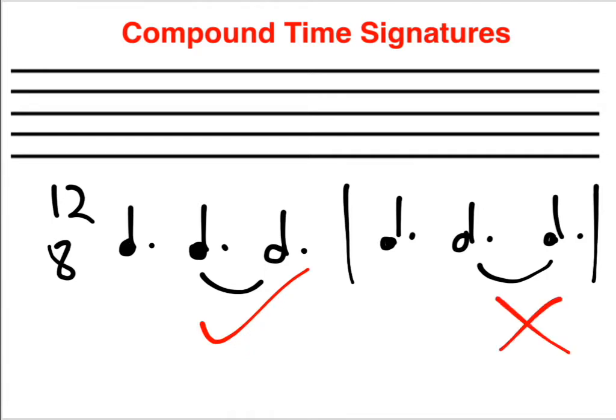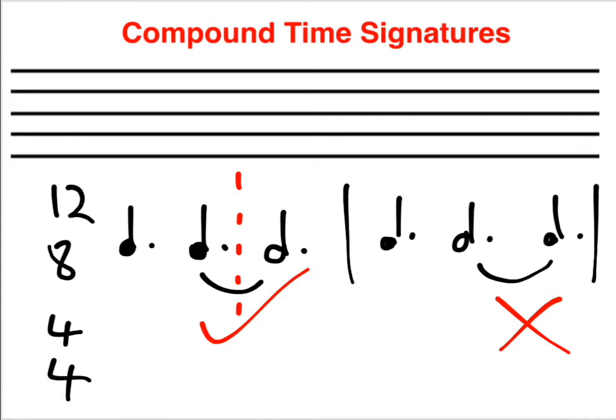I'll give you a hint. It's to do with 12/8's equivalent simple time signature. Okay, if you can remember what that is, if 12/8 is 4 dotted crotchet beats per bar, its simple time signature equivalent is just 4 crotchet beats per bar. And remember the rule from lesson 6 that you never go down the middle of a bar. You never have a rest or note groupings like quavers and semiquavers going through the middle of the bar.